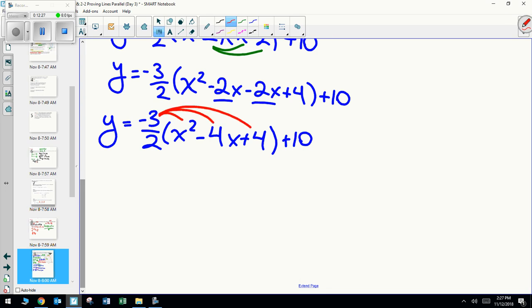this into my parentheses. Now remember, when you're multiplying a whole number into a fraction, it just multiplies into the numerator, because anything is a fraction over 1.